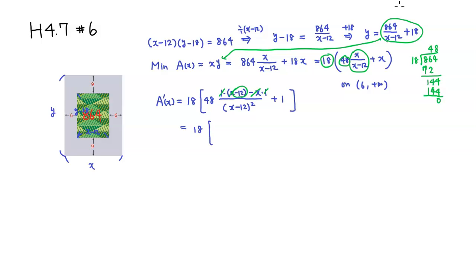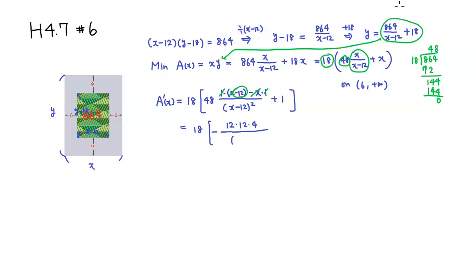And then on top, it's going to be a negative, so negative 12 times 48. I'm going to write 48 as 12 times 4, right, so 12 times 4 here.